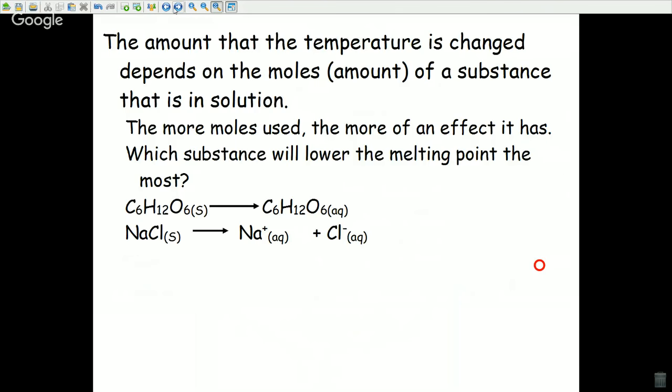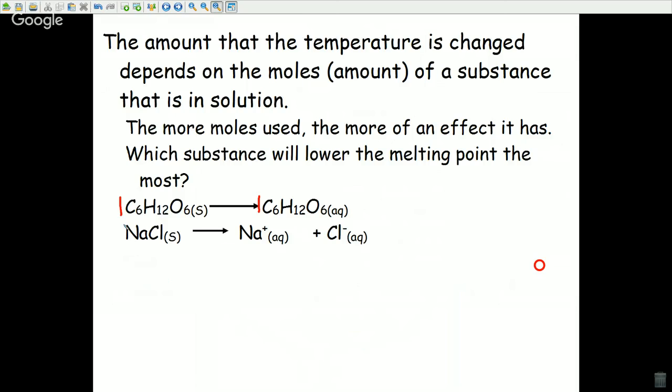So the amount of the temperature change is going to depend on the amount of stuff that you get into solution. So you got to check and make sure it's actually going to be soluble. So the example here would be glucose. If you dissolve that in water, you're going to get a 1-to-1. 1 mole of glucose will make 1 mole of glucose in solution.